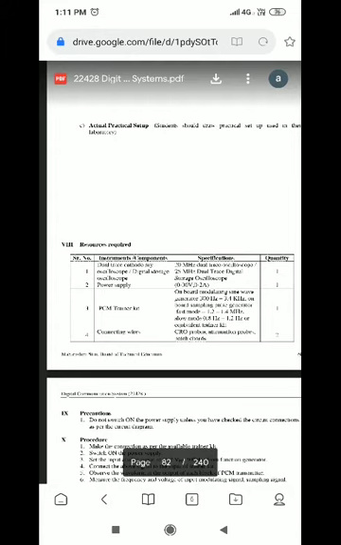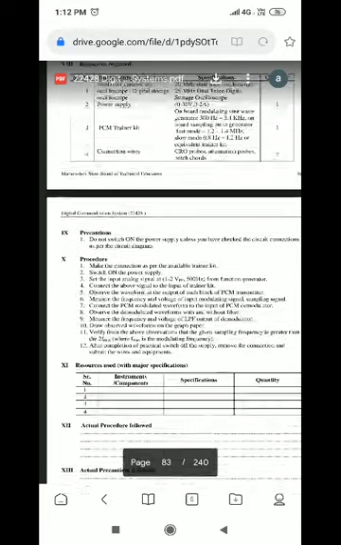Then one power supply which is 0 to 30 volt or 0 to 2 milliampere, a PCM trainer kit, then connecting wires. These are the resources required for this practical.